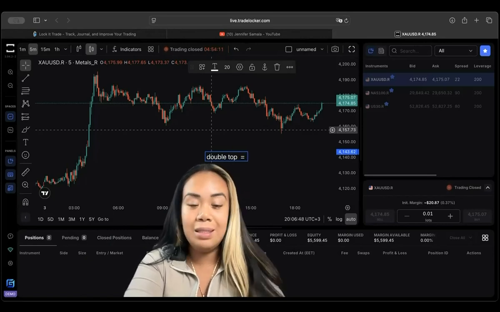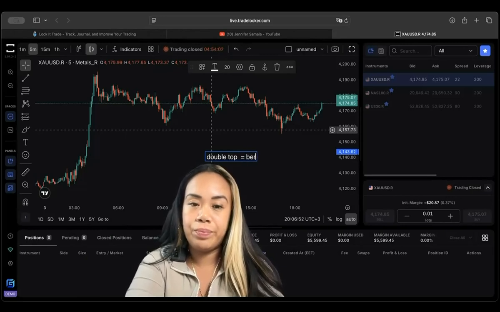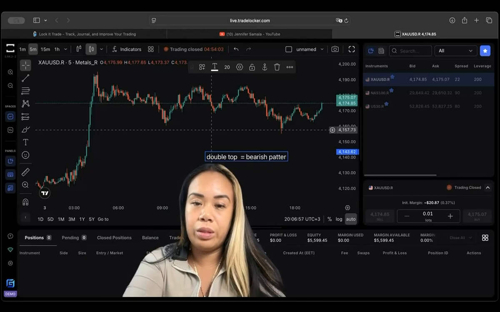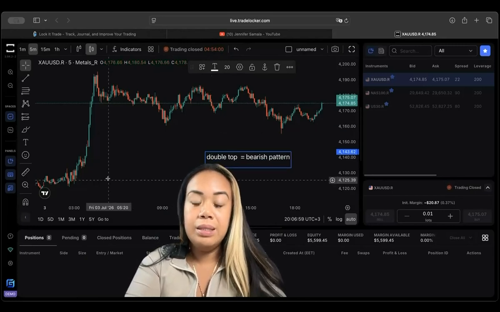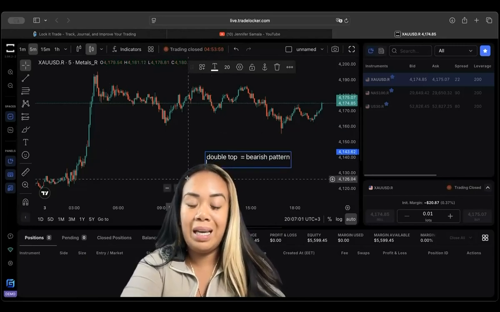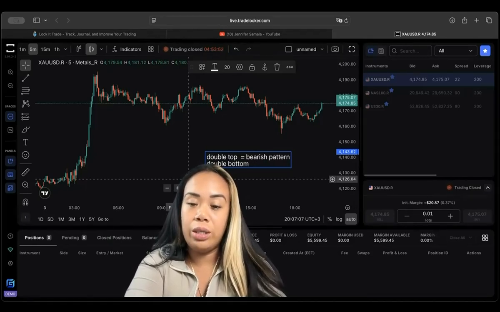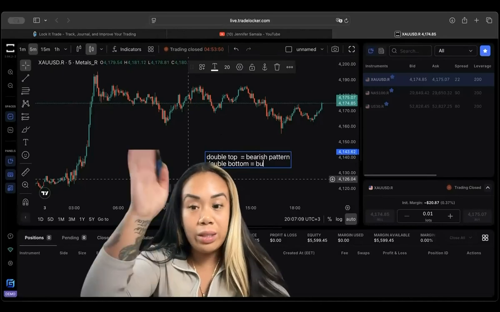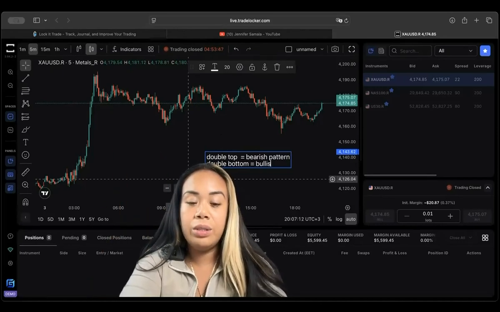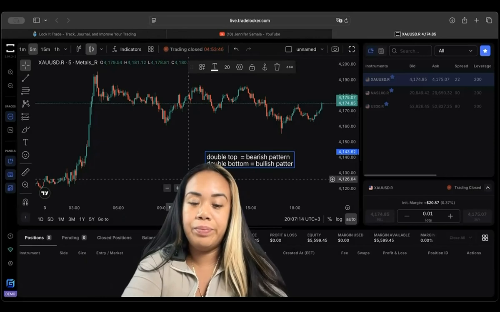A double top is instantaneously going to be a bearish pattern. Secondly, is going to be a double bottom. A double bottom, guys, is essentially a bullish pattern where the trend is going up into that. So this is definitely a bullish pattern.